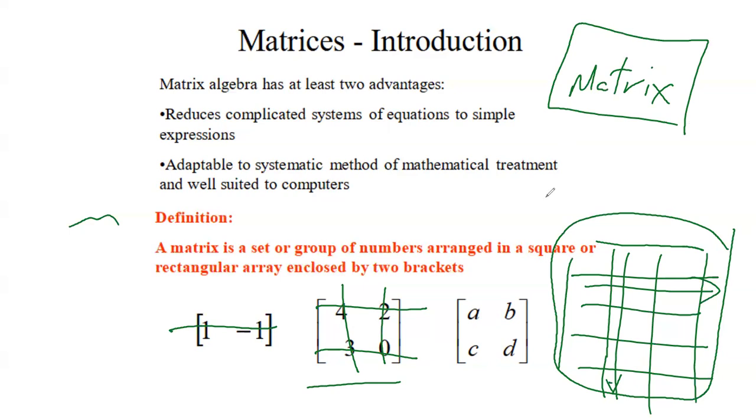Once you have data that can be summarized in a table, it can further be reduced to a matrix. And there are times when it lends itself to some calculation. At other times it does not, right?